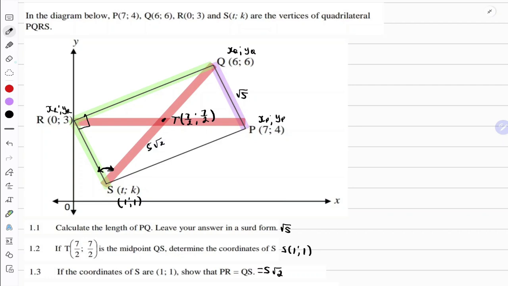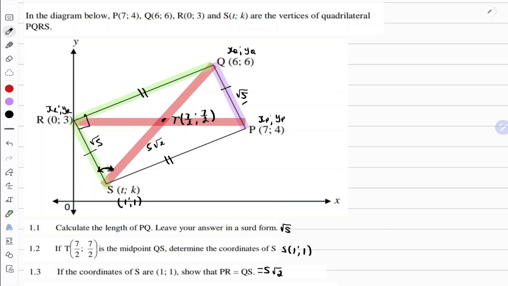We also have distance PQ to be root 5, and we know opposite sides for a rectangle are equal. So if this is root 5 here, it means this is also root 5.